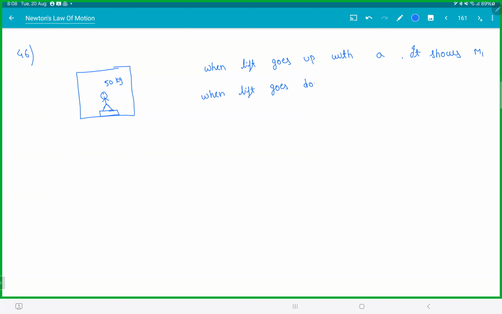When the lift goes down with the same acceleration A, it shows M2. And if the ratio M1 by M2 is 3:2, find A.